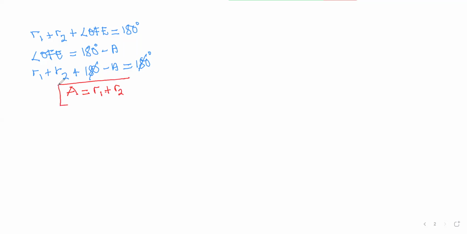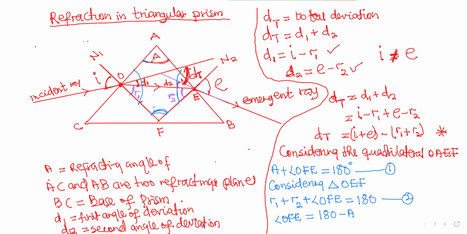This is a very important equation we'll be using. What we are saying is that the refracting angle of the prism A must be equal to the sum of the first angle of refraction and the second angle of refraction.